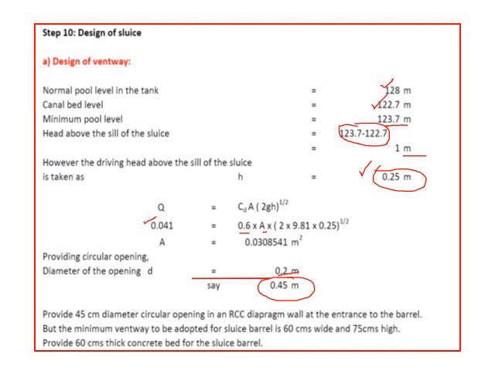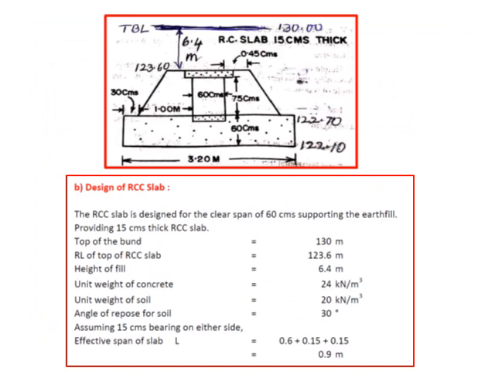Generally, the minimum vent way for the sluice barrel is 60 centimeters by 75 centimeters, 60 centimeters wide and 75 centimeters height. You can provide a 60 centimeters thick concrete bed for the sluice barrel. This is the barrel, where the side wall is of trapezoidal shape, which is here, and this is the barrel, which is 60 centimeters by 75 centimeters height.